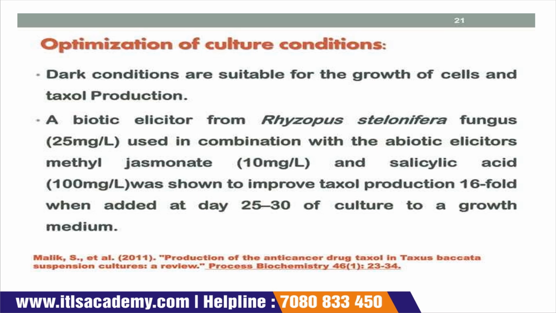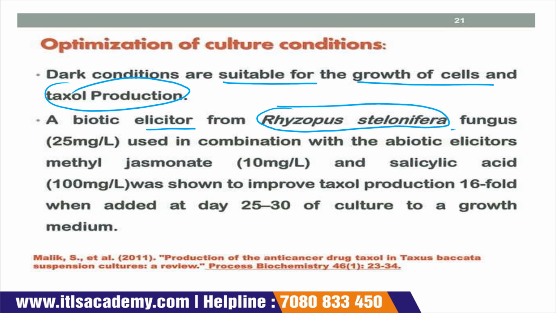Optimization of the culture conditions. Dark conditions are suitable for the growth of the cells and Taxol production. An elicitor from Rhizopus stolonifera fungus at around 25 milligram per liter is used in combination with the abiotic elicitors methyl jasmonate at 10 milligram per liter and salicylic acid at 100 milligram per liter.